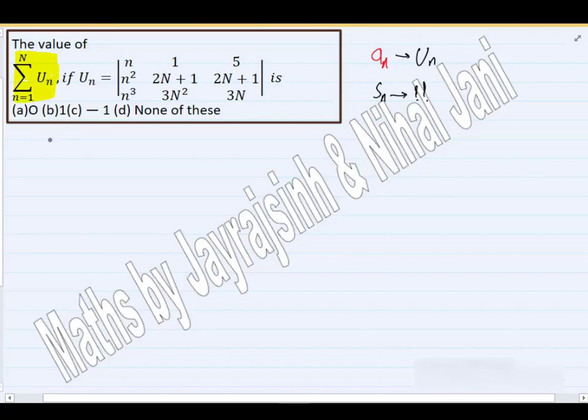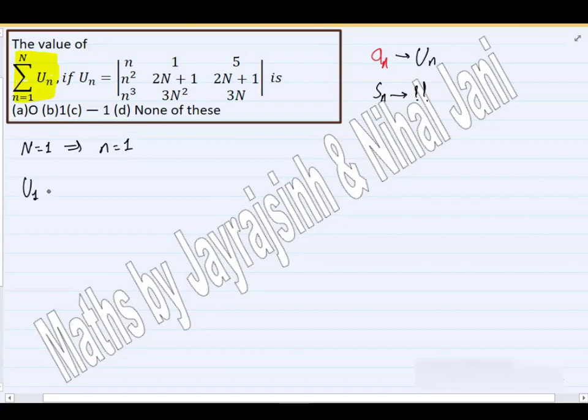Let's find out our first term, and for that we have to assume capital N is 1. Therefore we can say small n, which is actually the limit of n, is also 1.